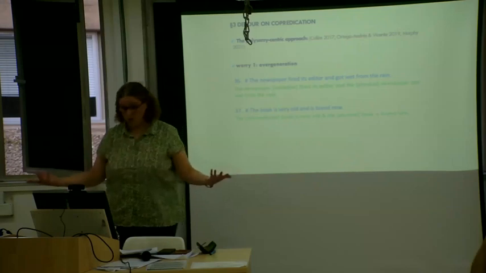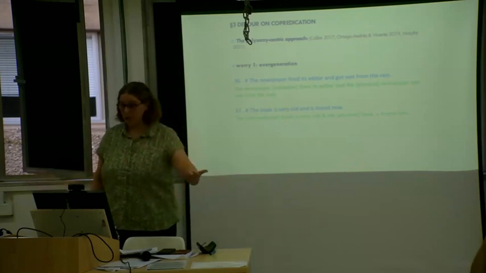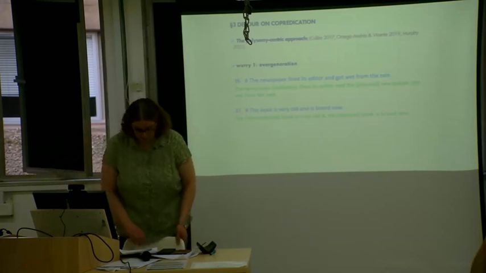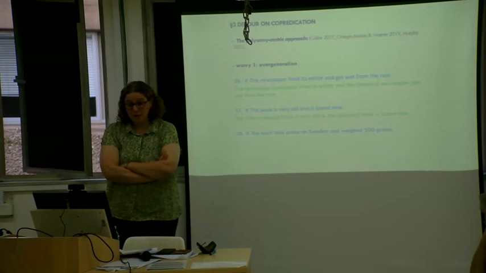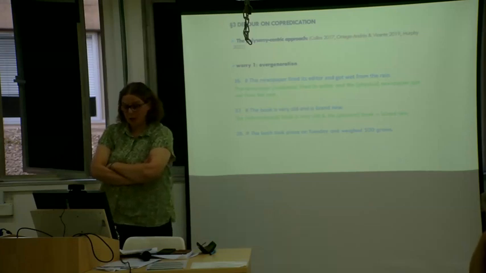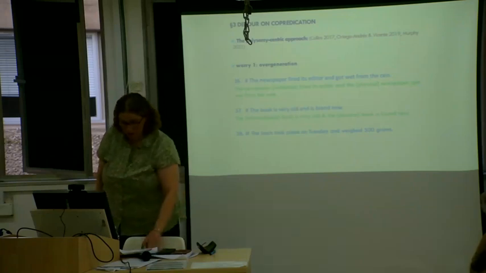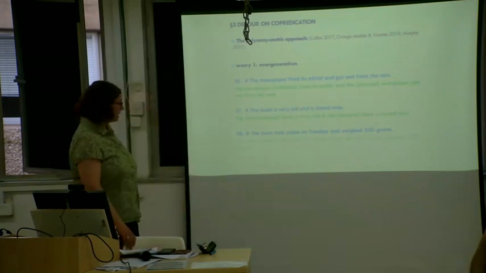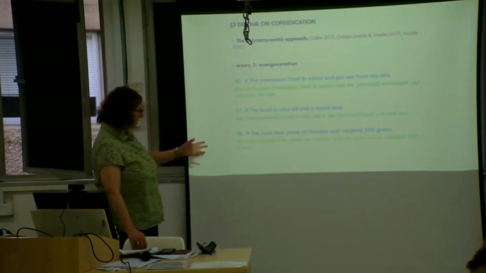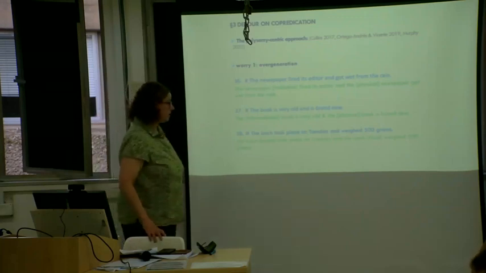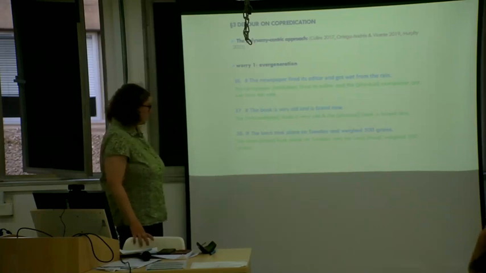This should just be read straightforwardly as saying that the informational book is very old and the physical book is brand new. Similarly, let's look at 38. "The lunch took place on Tuesday and weighed 500 grams." This sentence is not felicitous, and yet by the lights of the polysemy-centric approach, it should be totally fine. It should be just straightforwardly read as saying the event took place on Tuesday and the food weighed 500 grams.